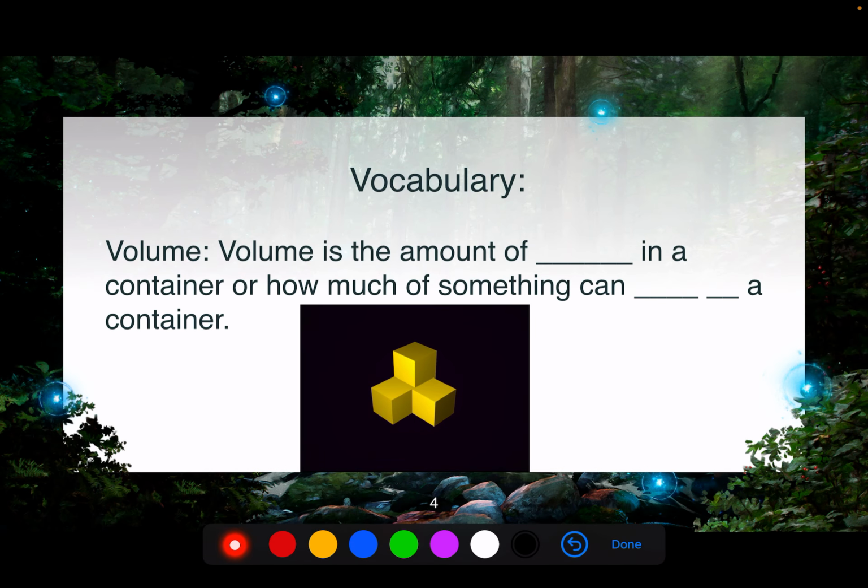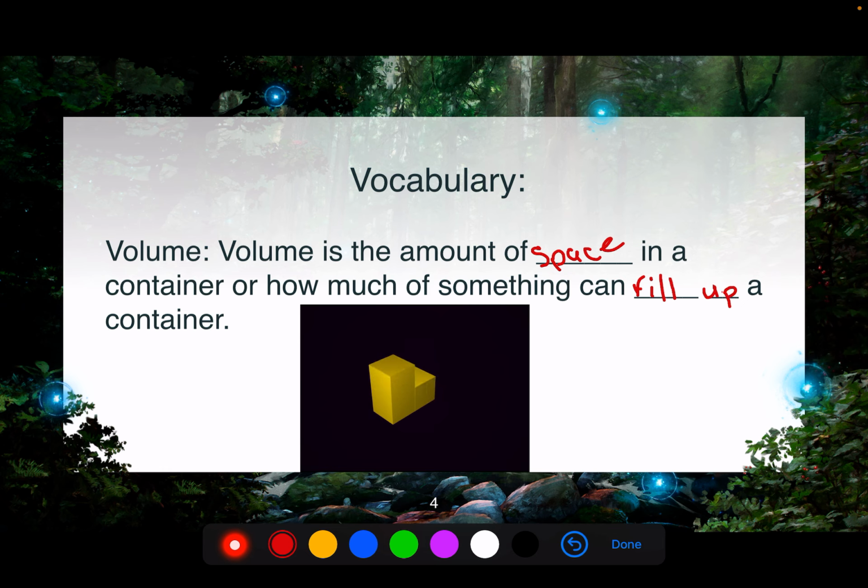So first of all, our vocabulary, and it says volume. Volume is the amount of space in a container, or how much of something can fill up a container.